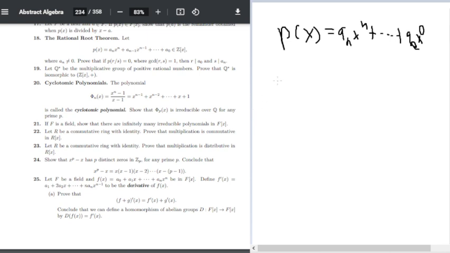And suppose that p of r over s is equal to 0.